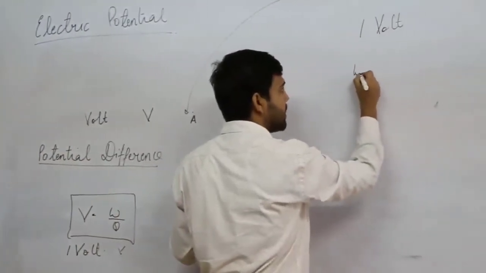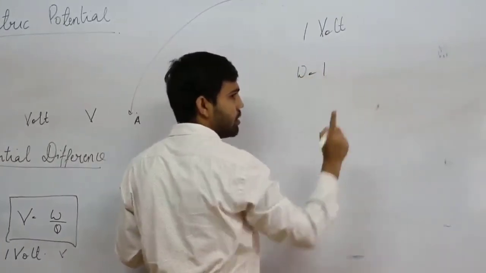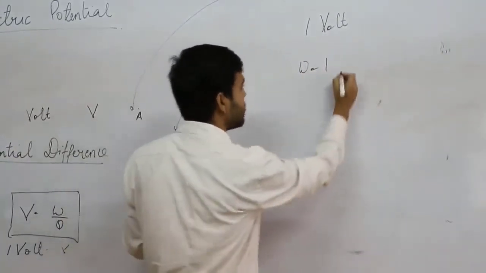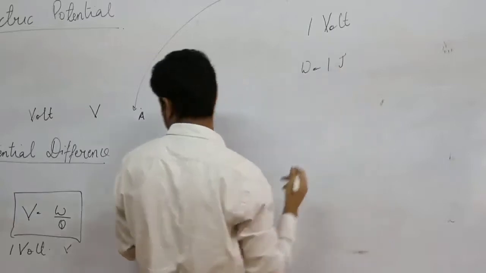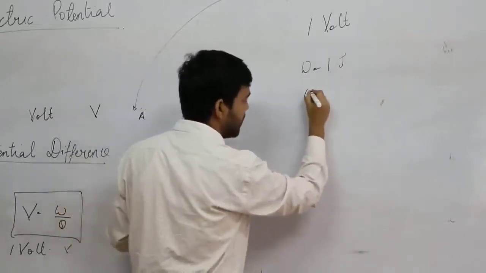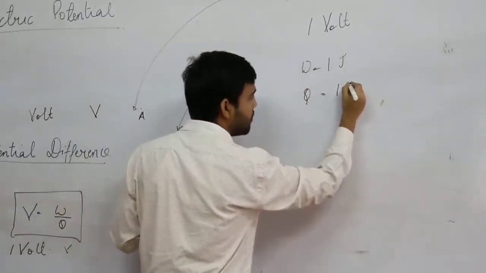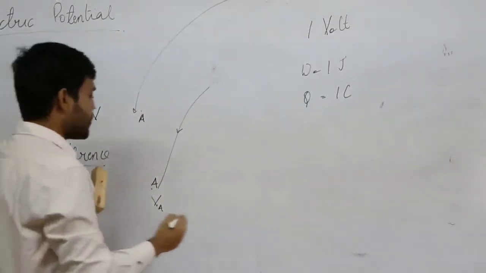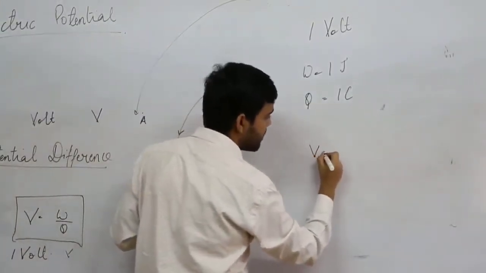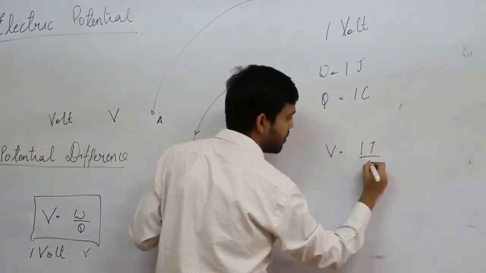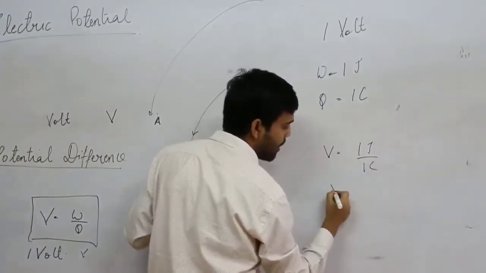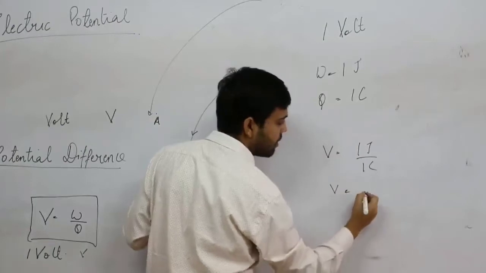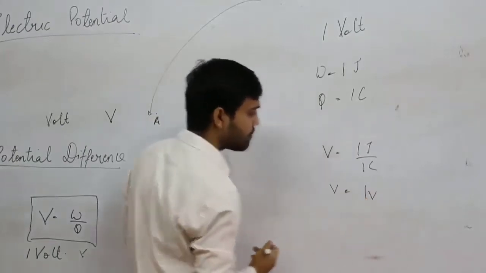I am putting W to be 1 joule, the unit of work done, and I am putting Q to be 1 coulomb. So from this formula I have V is equal to 1 joule by 1 coulomb, so the potential difference is equal to 1 volt.